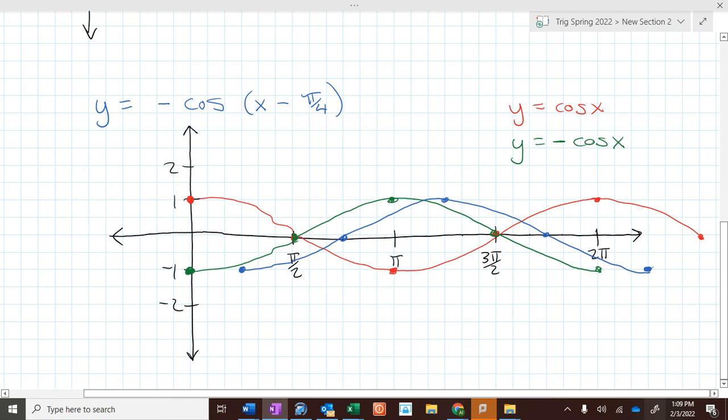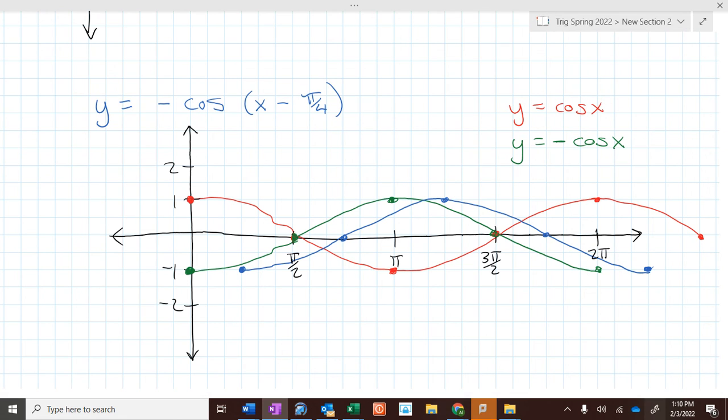Because pi is 12 squares over. Because if I go 6 to get to pi over 2, it's 12. And the reason why I do that, in the past, I always used to go 4 squares. But then if you have a pi over 6 or a pi over 3 involved, then you're somewhere in between a square and it's hokey.